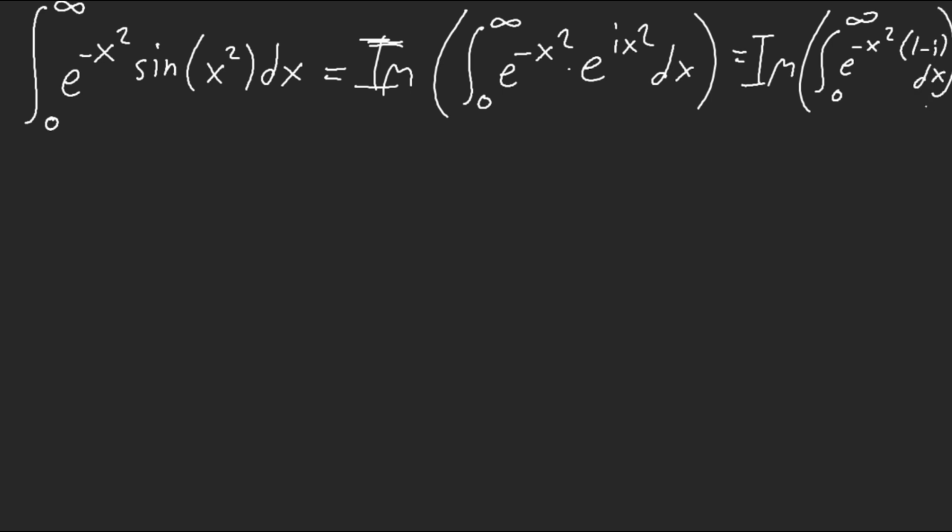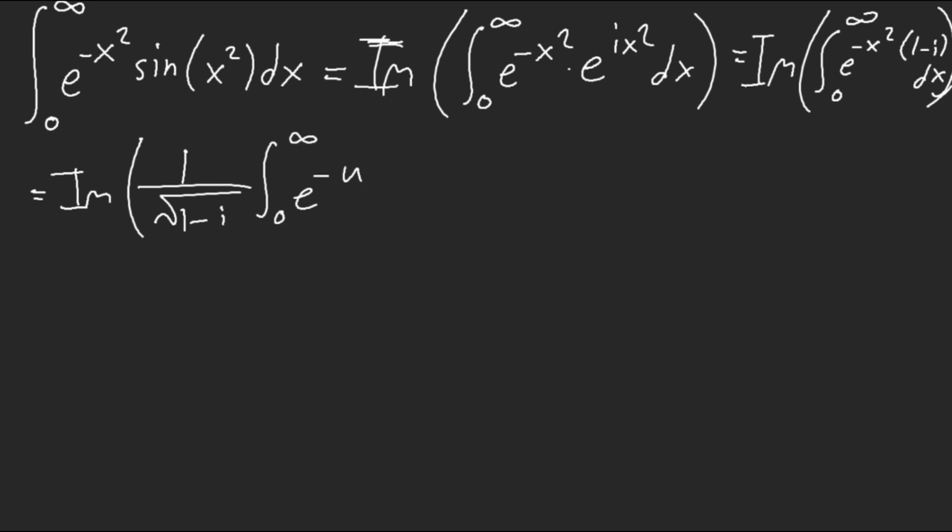dx. Okay, so now what we're going to do is let u equal x times the square root of 1 minus I, right? So now we have, after the u substitution, we're forcing this into a Gaussian integral, like that.